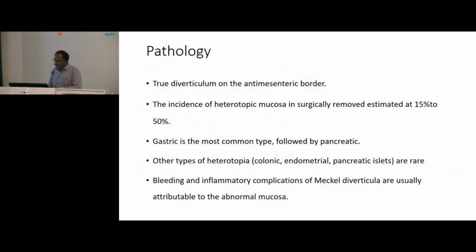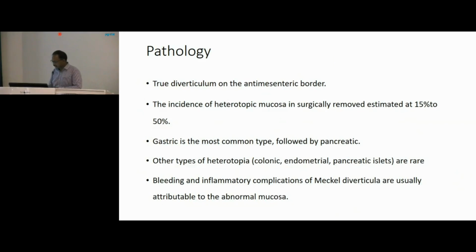So coming to the pathology, it is a true diverticulum. It involves all layers of the bowel wall. The incidence of heterotopic mucosa, which I have already discussed, that pancreatic or gastric mucosa, is seen in around 15 to 50%, and gastric mucosa is more common. Other types of heterotopic mucosa can also be seen, but are rare, such as colonic, endometrial, and pancreatic.